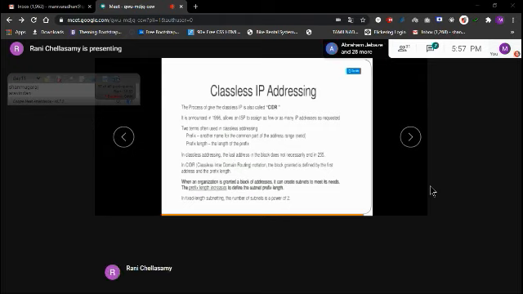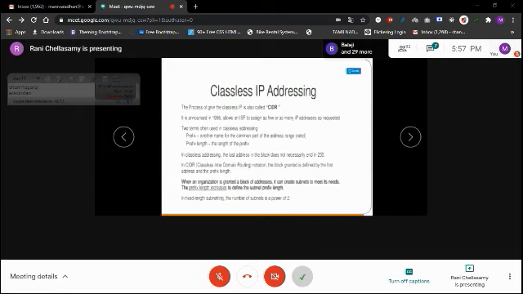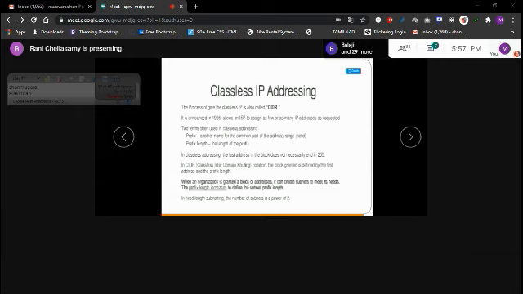Slash 16 represents class B and slash 24 represents class C. These represent the default masks for class A, class B, and class C.